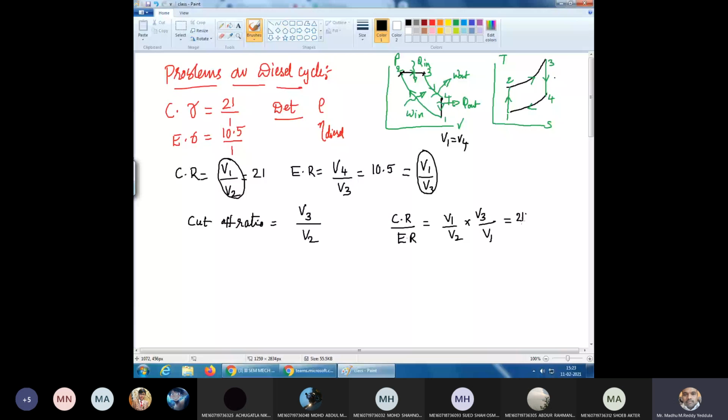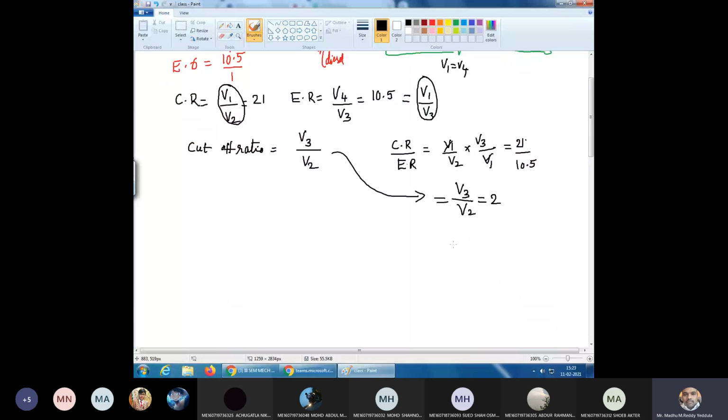Is it okay? Yes, sir. V1 can be cancelled, therefore I will get V3 by V2. V3 by V2 is nothing but the cutoff ratio. How much is this value? I think 2. 21 divided by 10.5 gives us the cutoff ratio, 2.